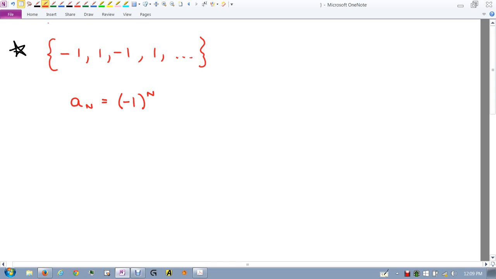Does that work? What's a sub 1? -1 to the first power. What's -1 to the first power? -1. What's a sub 2? -1 to the second power, which is, you square it this time, it's positive. And then the third, hey, this is going to work, right? -1. And the next one, because it's even, will be positive. That'll work.